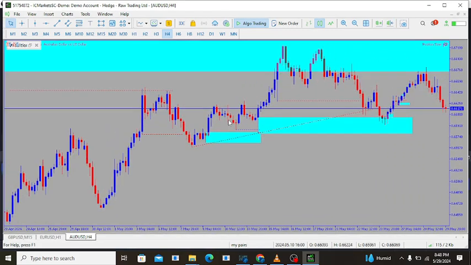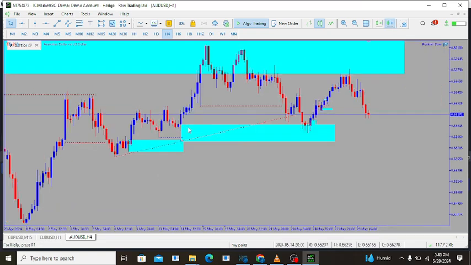See, H4. Taking an inducement, taking out a trend line liquidity. See this reaction to the downside and to my high probability point of interest in a discounted price.